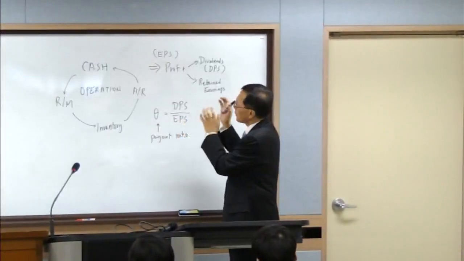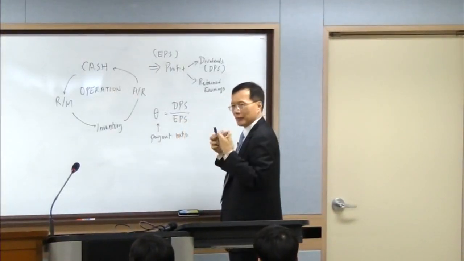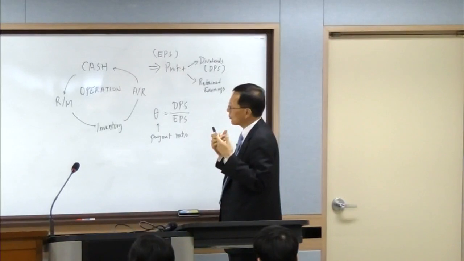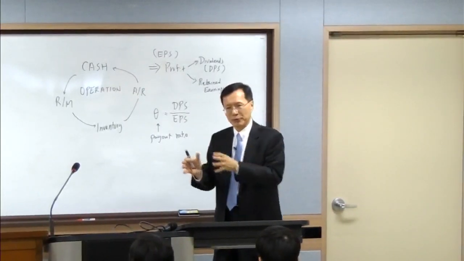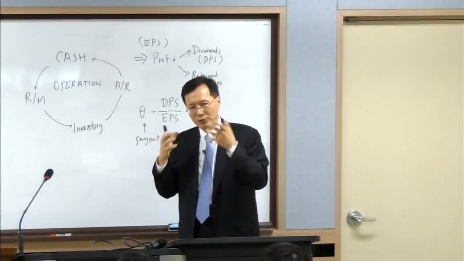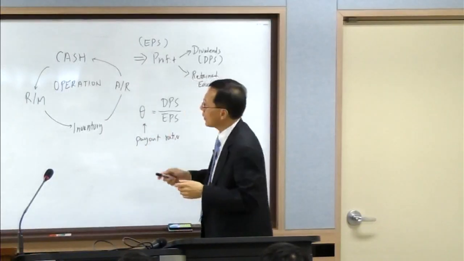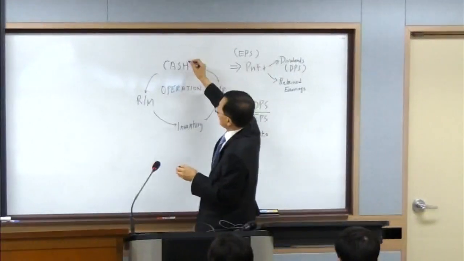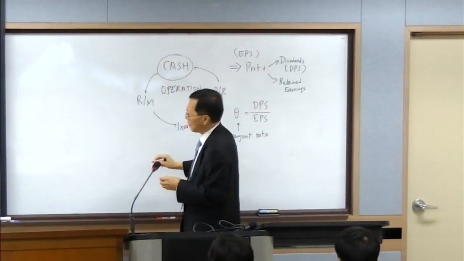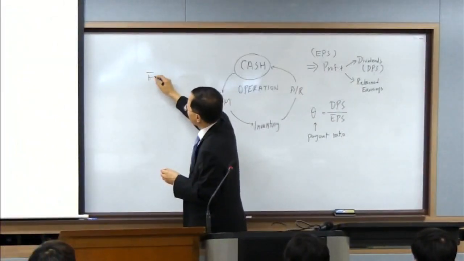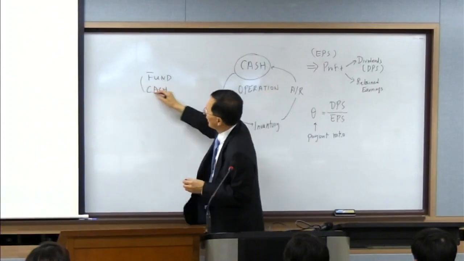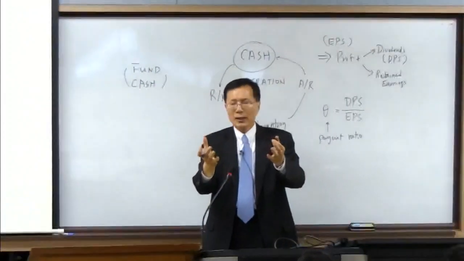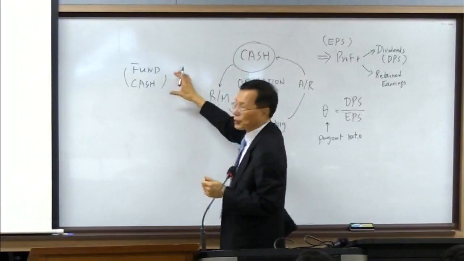And financial analysts would like to see, actually not only financial analysts, but firms' decision makers are also interested in looking at how this cash, or fund, is generated. Where does it come from and where does it go?